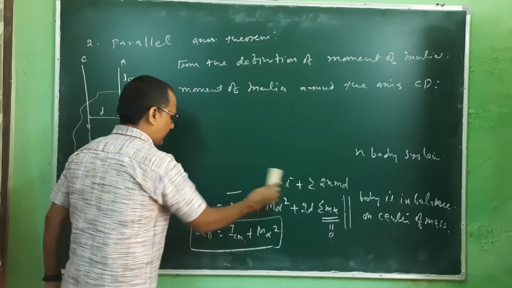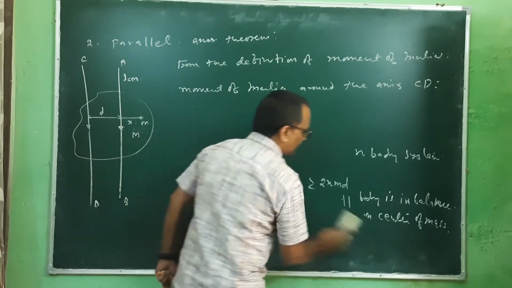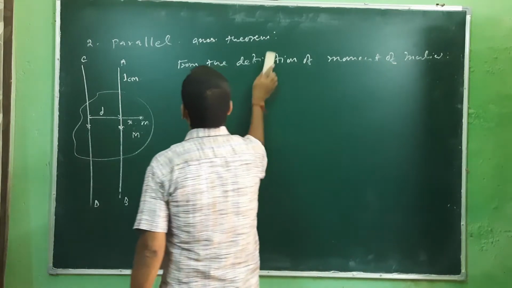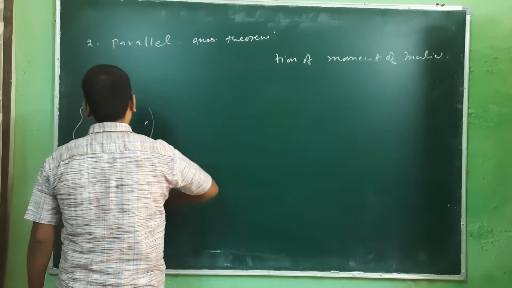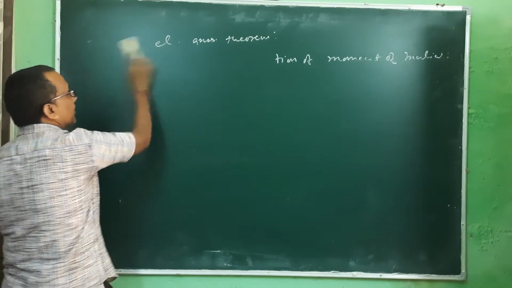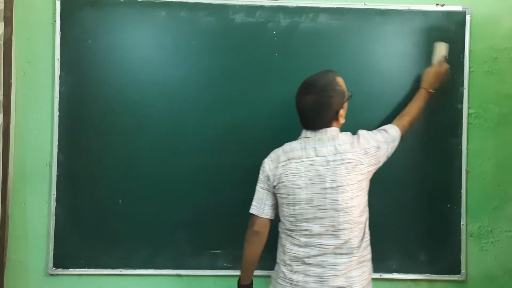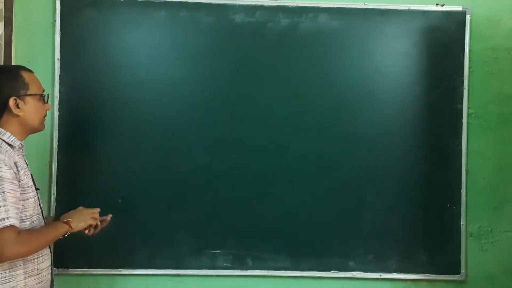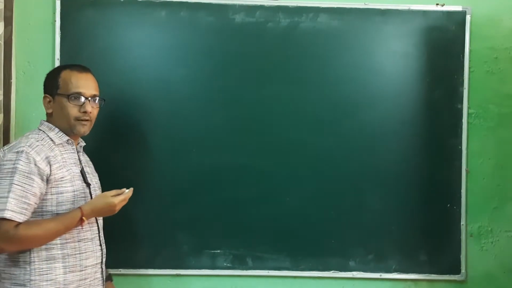Now we will apply both theorems to calculate the moment of inertia for different symmetric bodies around an axis away from the center of mass. Let us first start with the ring.